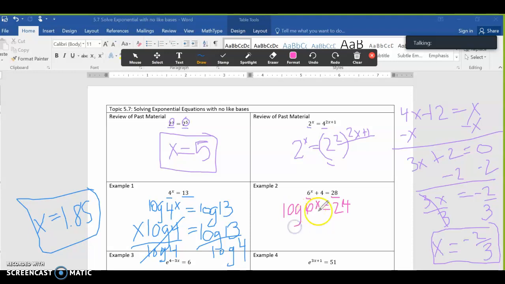So I have the log of 6 to the x power is equal to the log of 24. So remember, this x is the exponent, so I have to use the power property so I can rewrite it and solve for x. So I have x log of 6 equals log of 24. I'm going to divide both sides by log of 6.